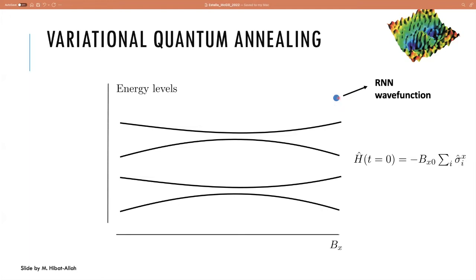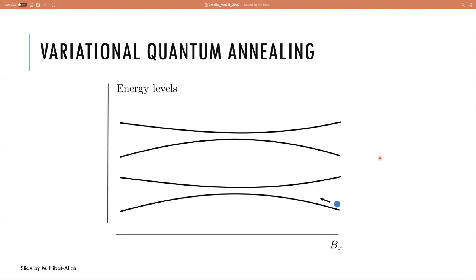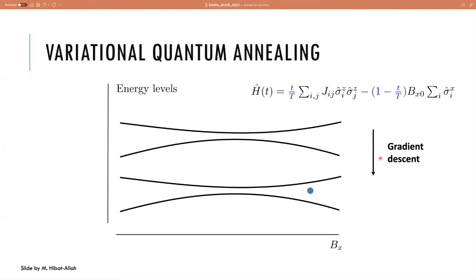To prepare it, we just minimize the variational energy over this Hamiltonian, which is gradient descent. We land on it, very easy. And then we change the Hamiltonian, we time evolve it. We introduce the problem Hamiltonian we're actually trying to solve, by using maybe a linear decrease of the transverse field. And when you do that, what happens is that you shoot out of the instantaneous ground state of this Hamiltonian.